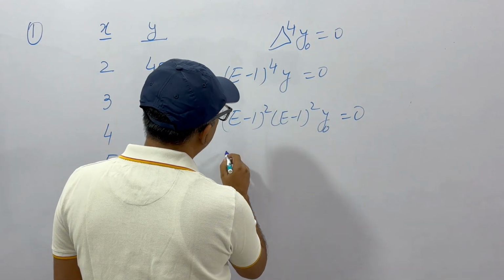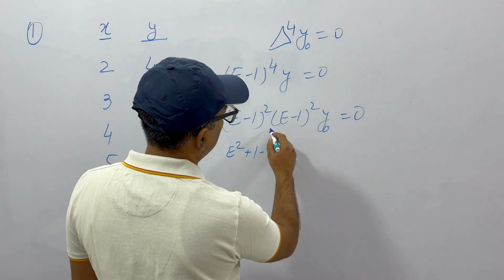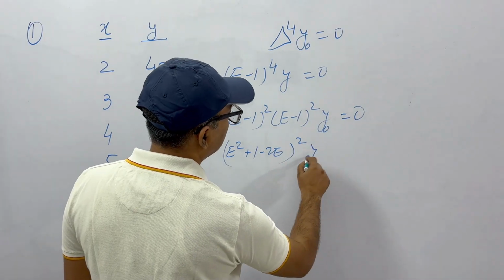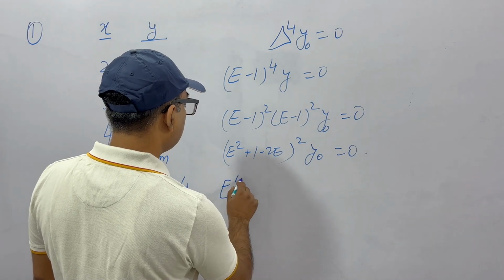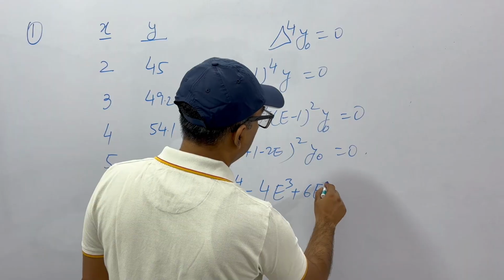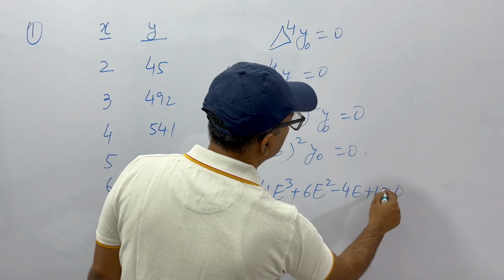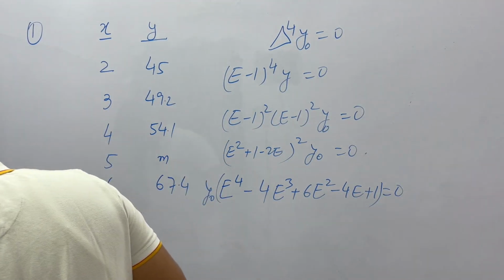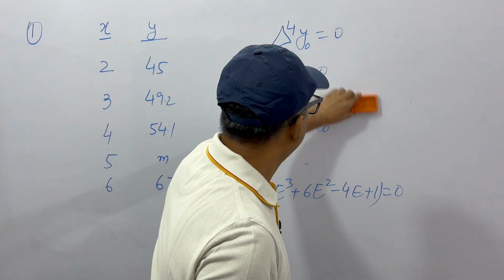So this is E square plus 1 minus 2E square of y0 equal to 0.